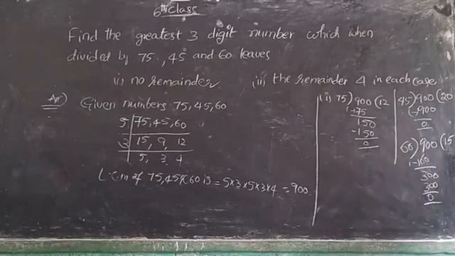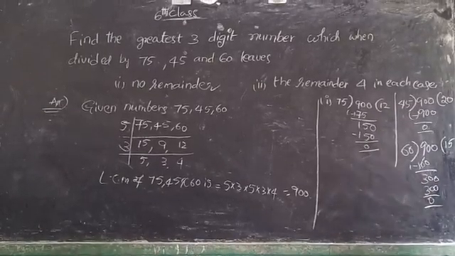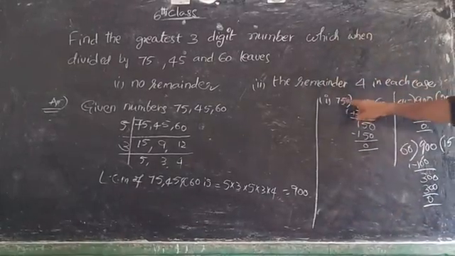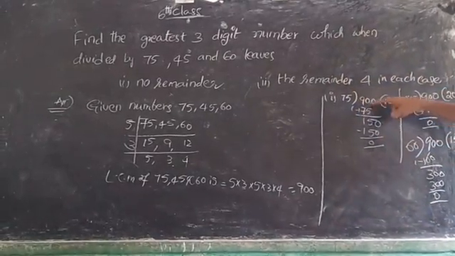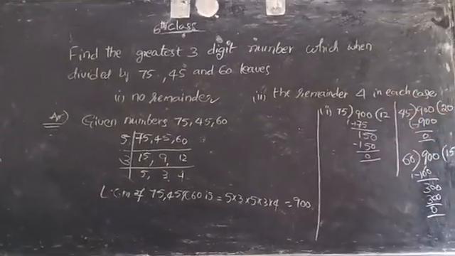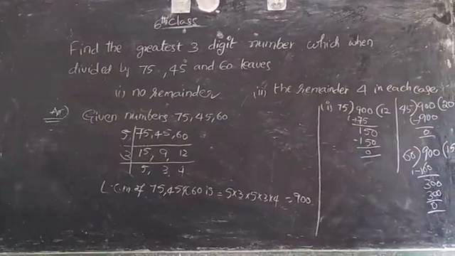Okay children. So what is the three-digit number which is exactly divisible by 75, 45 and 60? 900. Sorry, 900 is the number which is exactly divisible by these three numbers and leaves no remainder. Okay children.